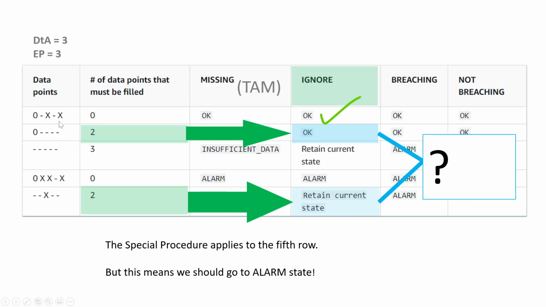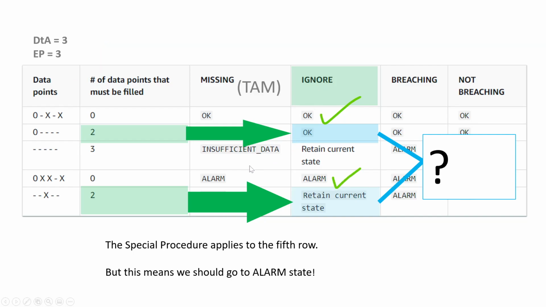So we've fortunately got 3 data points with data in the ER, so we've got enough for our EP, our evaluation period. But we've said the data points to alarm is 3, so that's not fulfilled. So we can't go to alarm because we'd need an X and actually another X for that. But we've got that non-breacher there, so we're going to go to OK, and we can positively determine it as OK. So that row is very understandable.